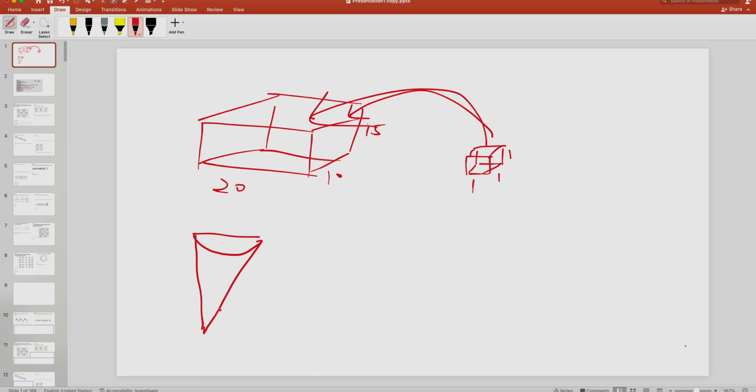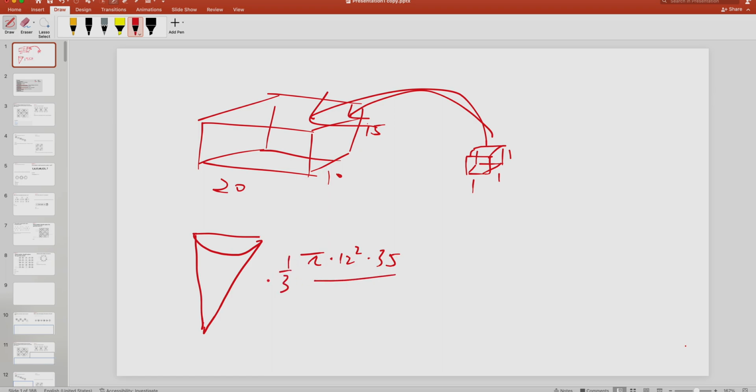The volume is pi r squared times h. What's the h? 35, right? Okay. And then we need to multiply by 1/3.